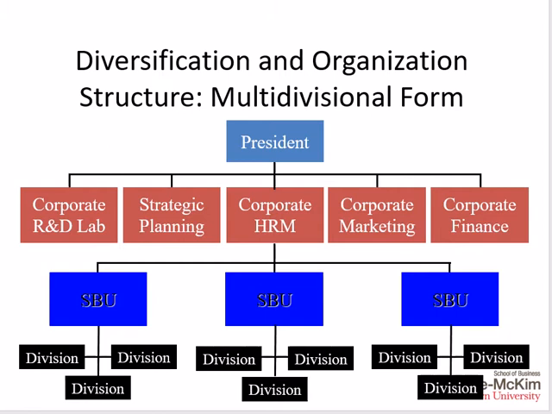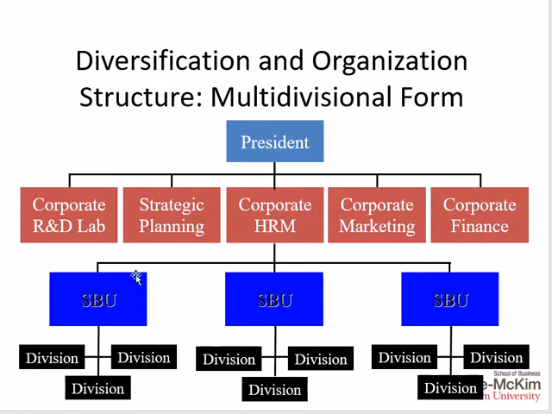These activities are managed at headquarters, where they typically take care of the functions that need to be done for all business units. Then you can see for each of the brighter blue SBUs, each of those SBUs operates in its own market, whether it's industrial, geographic, or stage of the value chain, with multiple divisions under each SBU. Each SBU is managed almost like its own individual business with a fair degree of autonomy.